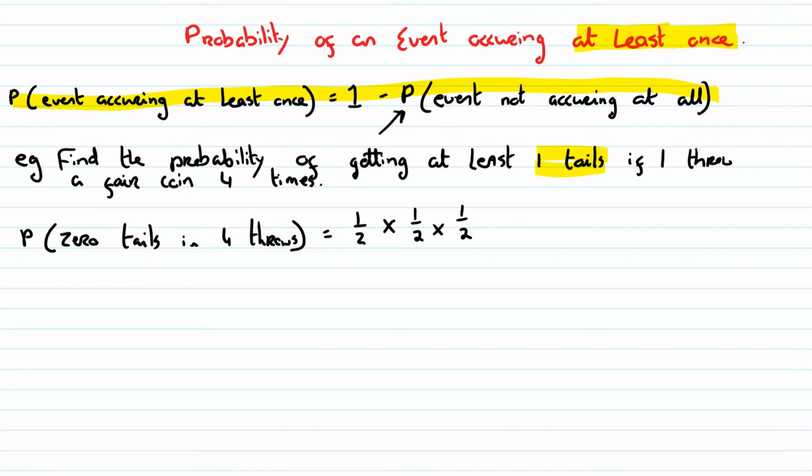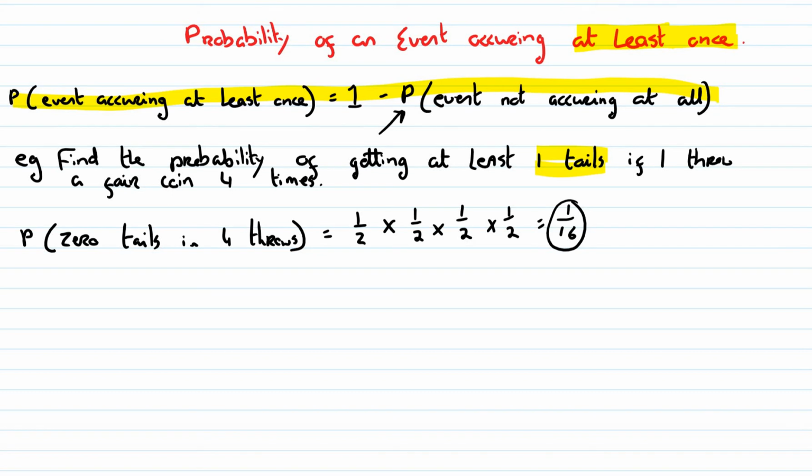And probability of not getting a tails the third time is a half. And probability of not getting a tails the fourth time is a half. So the probability of not getting a tails in any of those throws is a half by half, which is a quarter, by half, which is an eighth, and another half, which is 1/16. Okay, so there is a 1/16 or 1 in 16 chance that I will get 0 tails in 4 throws.